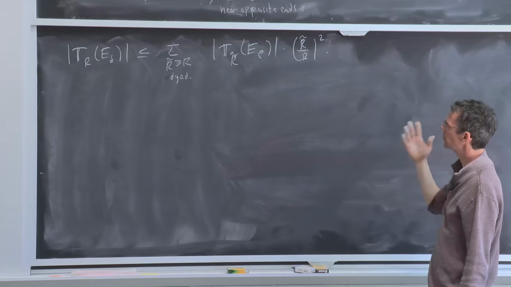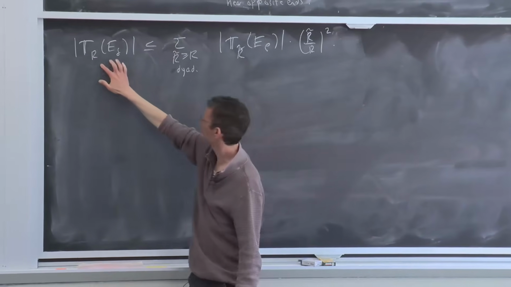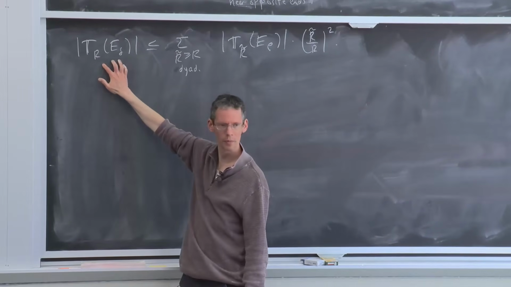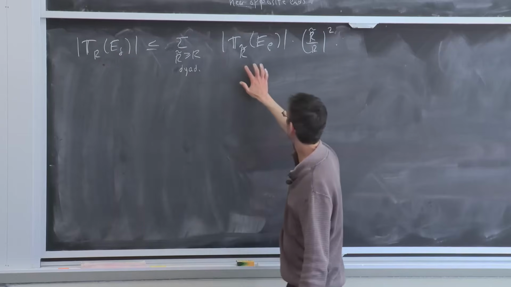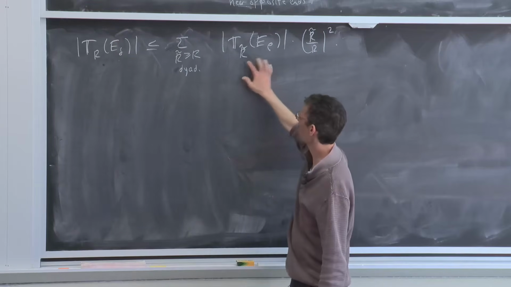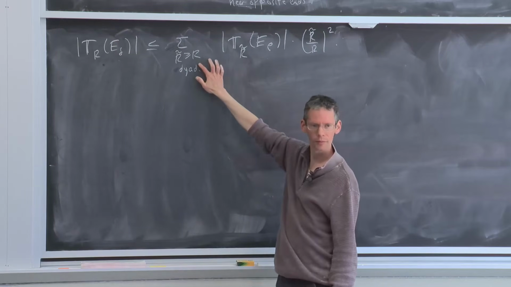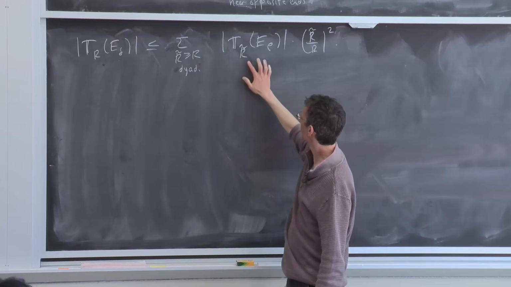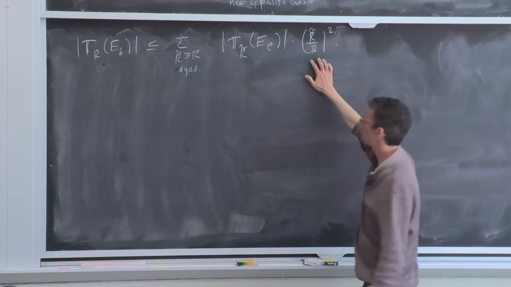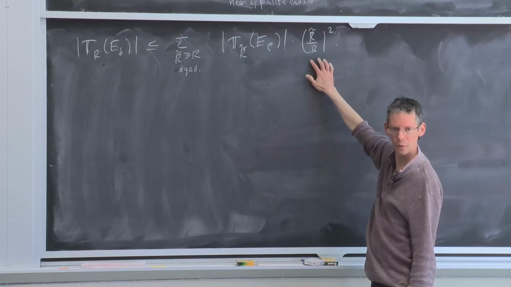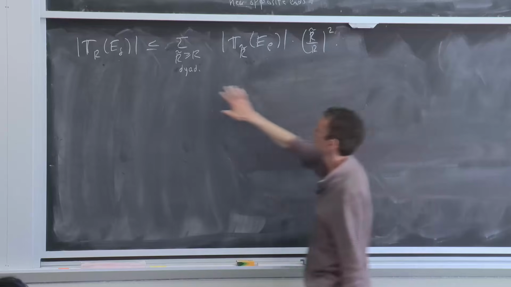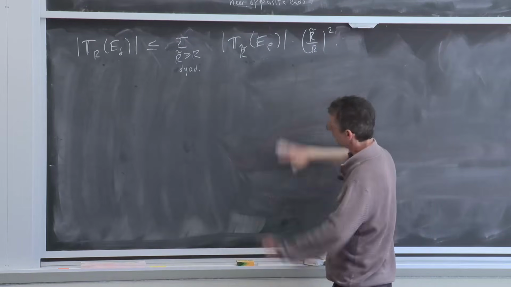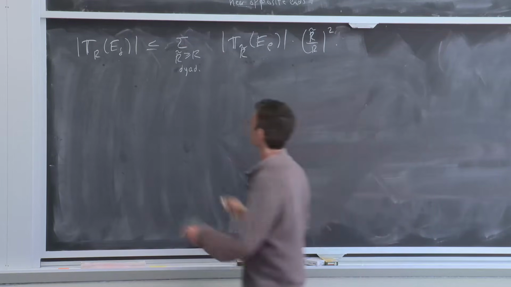Why? Every R-rich delta tube, if you thicken it up to be a rho tube, will be an R tilde rich rho tube, and R tilde will be at least R. So they're all in here somewhere. And in each one of these, there's at most this many R-rich delta tubes. This is bounded by this. And then if we plug in our bounds, everything will work.